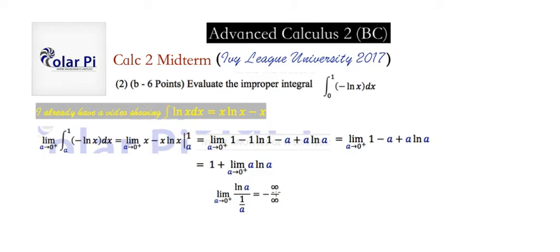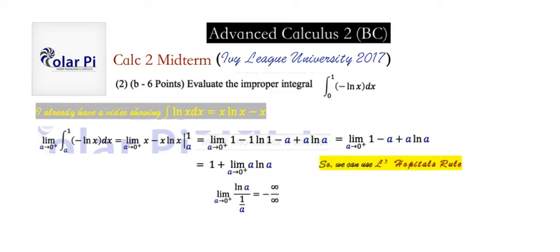And remember, while there are many indeterminate forms, you can really only apply L'Hopital's rule when you get the infinity over infinity or 0 over 0 situation. And we have the infinity over infinity situation here. So we know that we can take the limit as a goes to 0 from the right of the derivative of the numerator divided by the derivative of the denominator, and that's what L'Hopital's rule says to do.